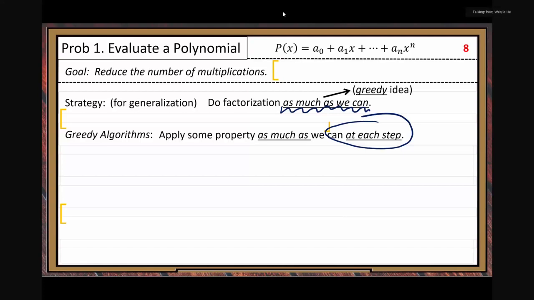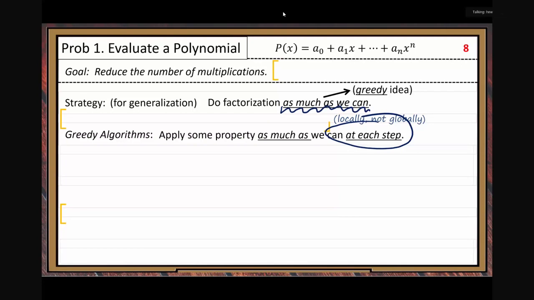Here, the property is our factorization property, our common factor property, so we do factorization on it. But each step is a local improvement, because when we apply some property on each step, that's a local application. It's not a global application.